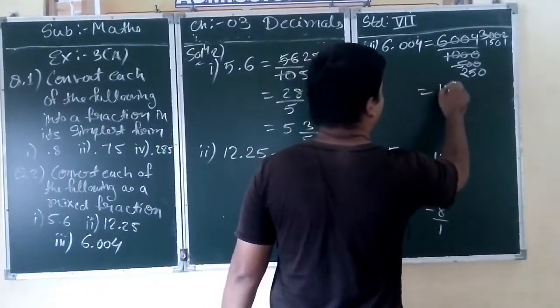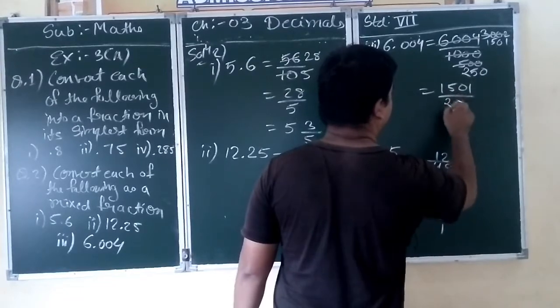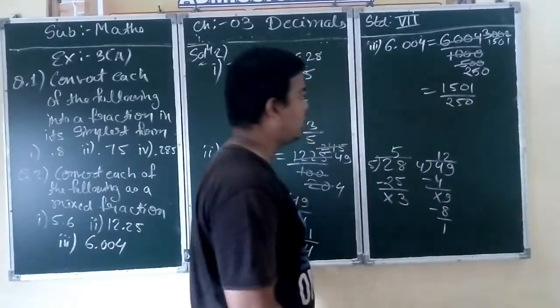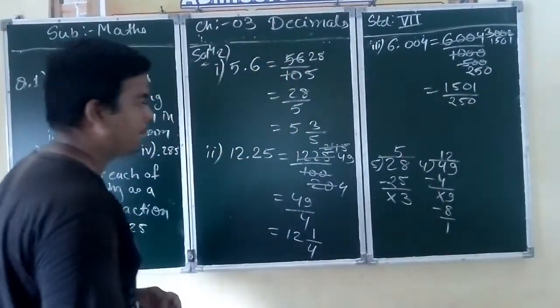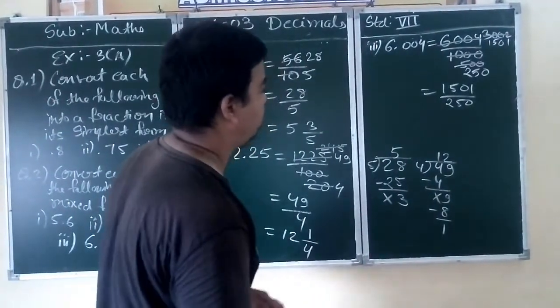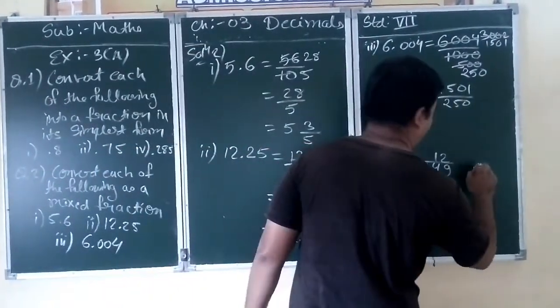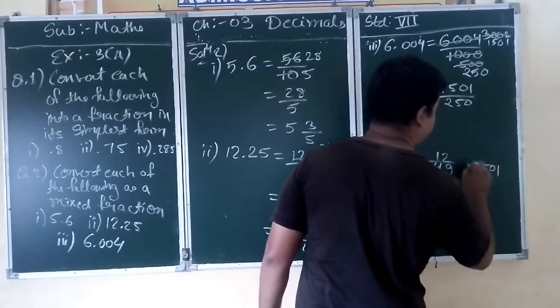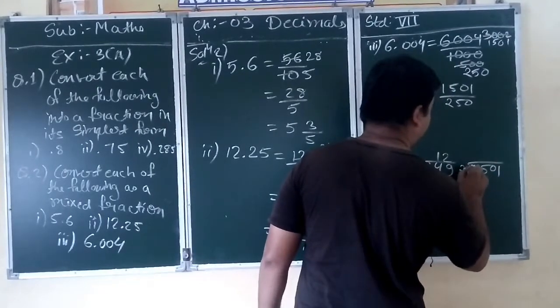So 1501 by 250. Can I divide more? No. So 1501 divided by 250.